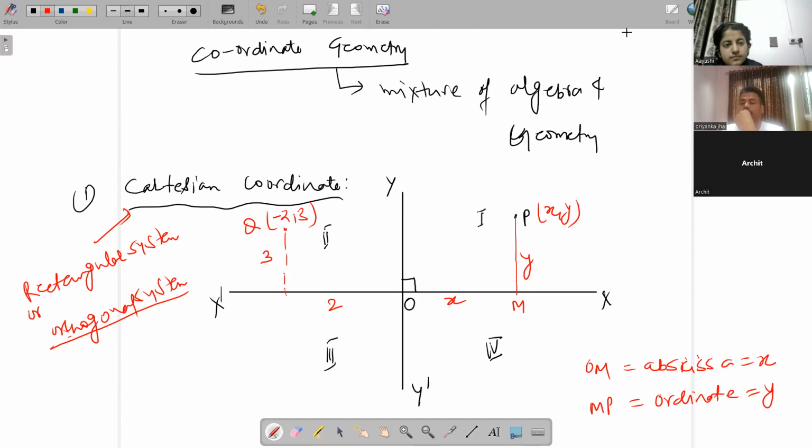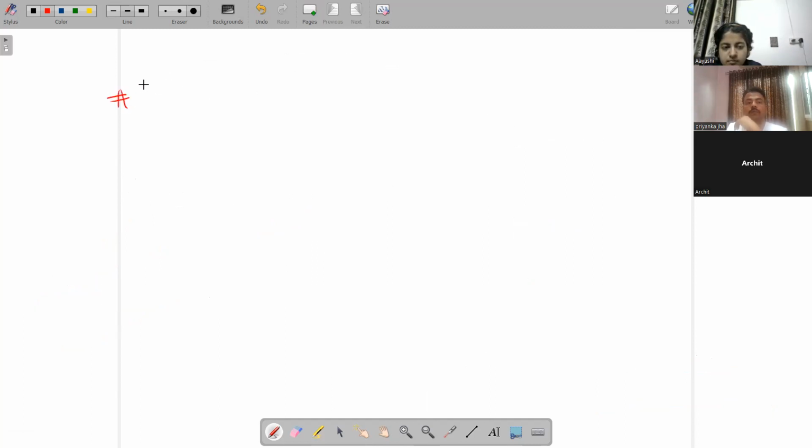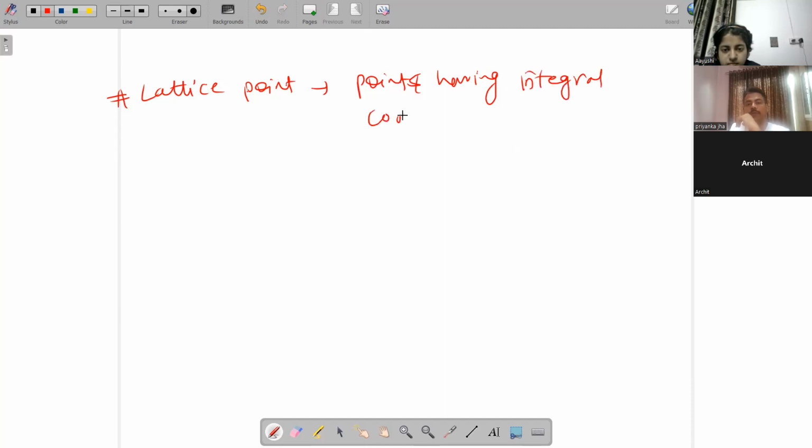Done. Okay. Now, there is a term lattice point. It means points having integral coordinates.